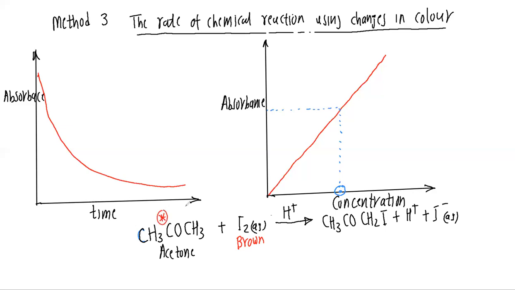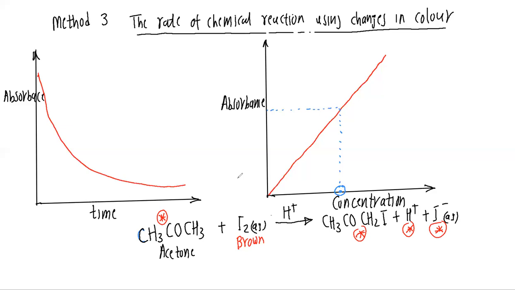I purposely mentioned, all these are colorless except one, that is the iodine. So as iodine starts reacting, its concentration starts decreasing, and obviously the brown color will start getting faded.